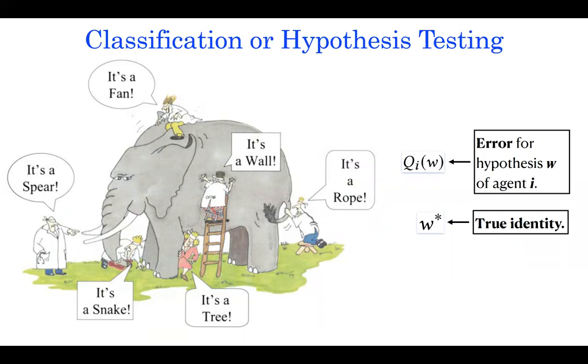Each agent observes the object partially, as in this case, a large object that is an elephant being observed by smaller agents, each of them observing different parts of it, and collectively they would like to identify the object. So Qi is an error for hypothesis W, let's say, made by agent i, and W star then is the true identity of the object being collectively observed by the agents.